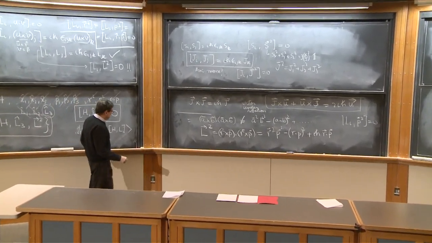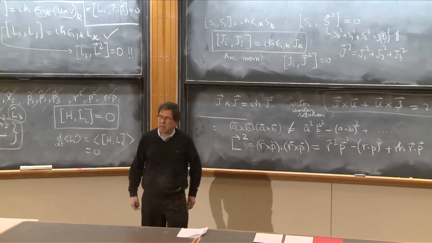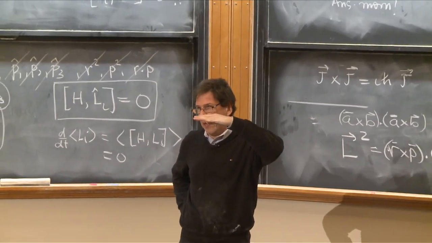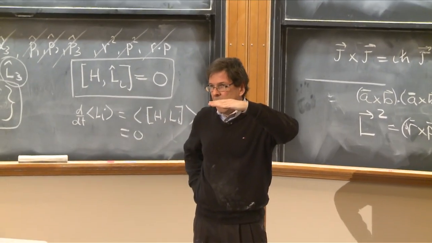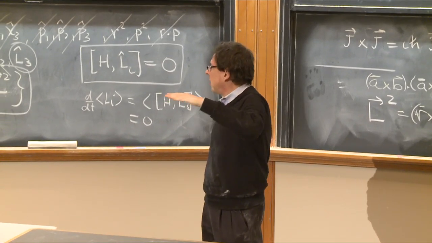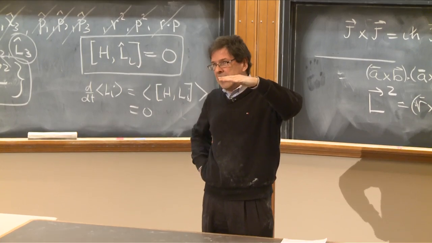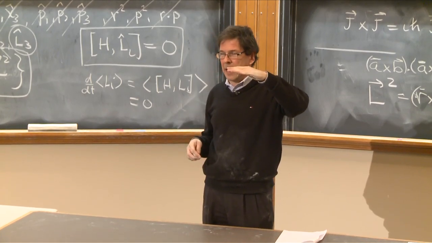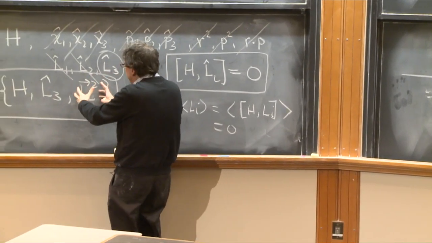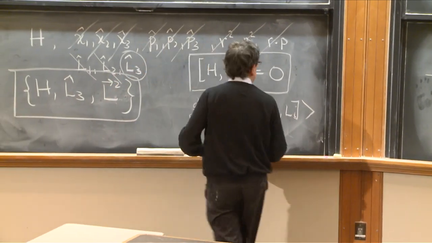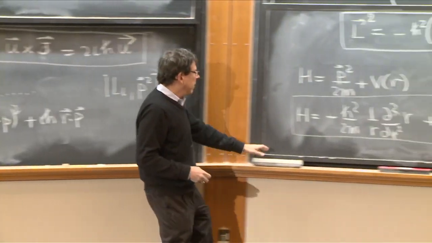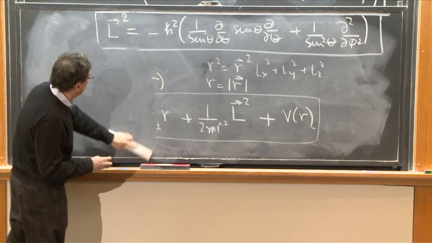I probably wouldn't know now, but in a little bit, as we calculate the kind of states that we get with angular momentum, I will see that there are many states with the same value of L3 that don't correspond to the same value of the total or length of the angular momentum. So it's almost like saying that there are different angular momenta.